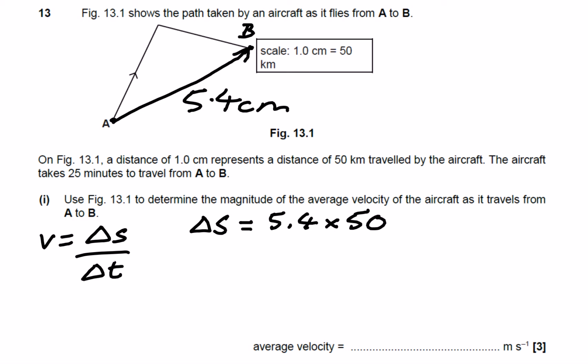well, 1 centimetre is 50 kilometres, and if we notice down here, the answer is looking to be in metres per second, so I have to convert my kilometres into metres, so let's multiply that by 1,000. We have to do a similar change of units with the time, because it's saying 25 minutes, but we want metres per second, so the time needs to be in seconds.